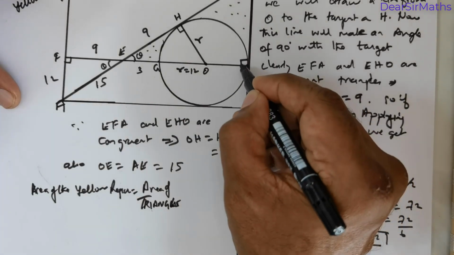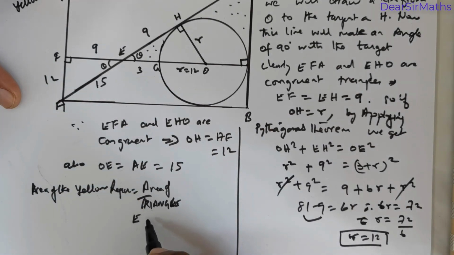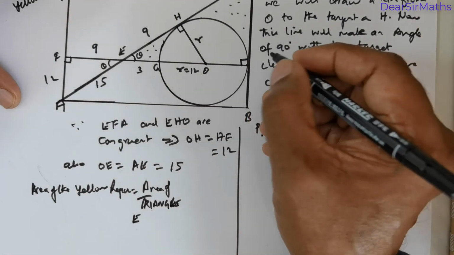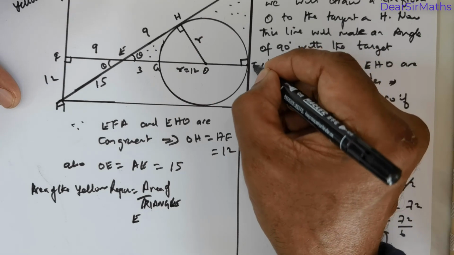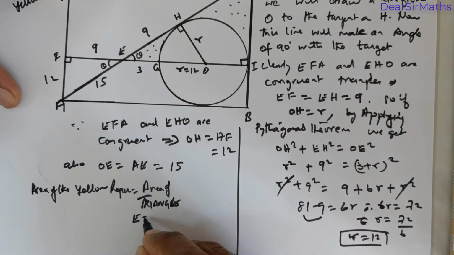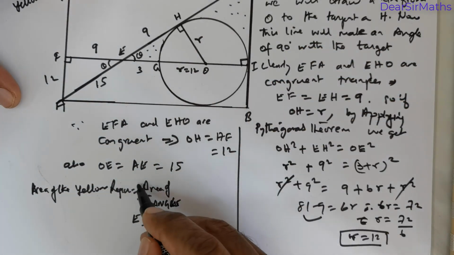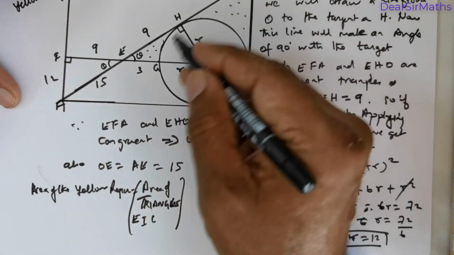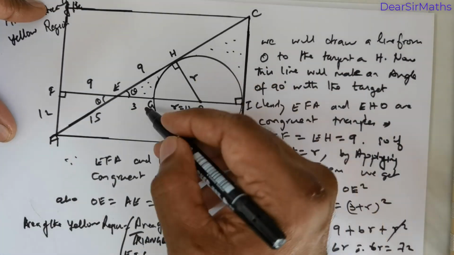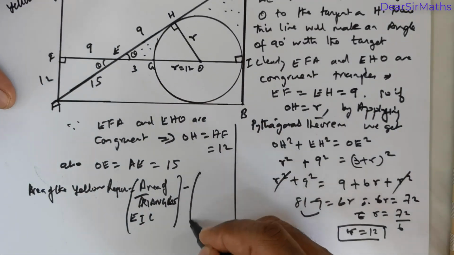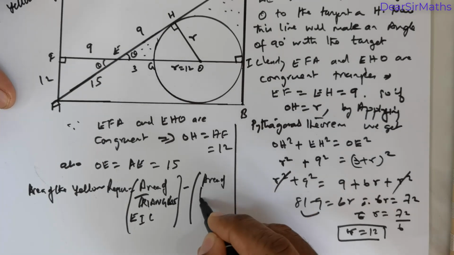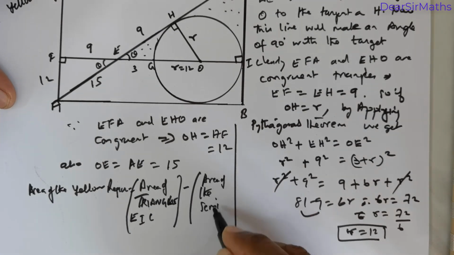This is 90 degrees. What's the triangle we're talking about? I'm going to take it as I here. So EIC. So from the area of the triangle I'm going to take away the area of the semicircle.